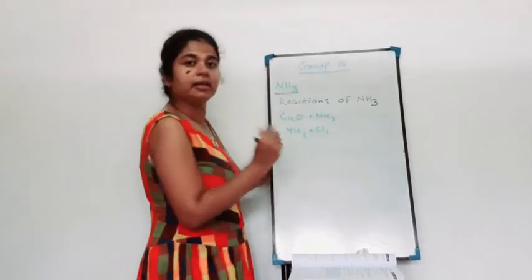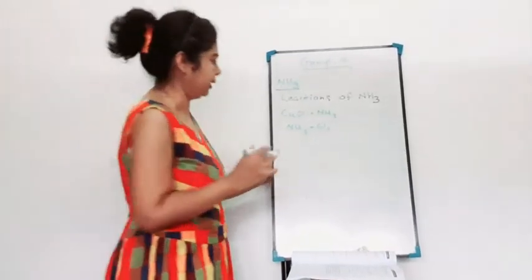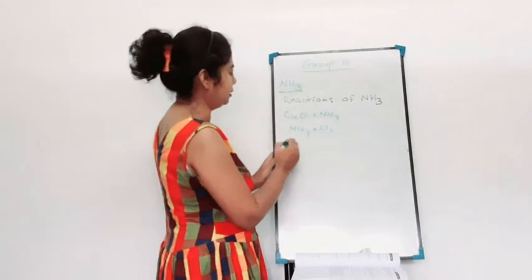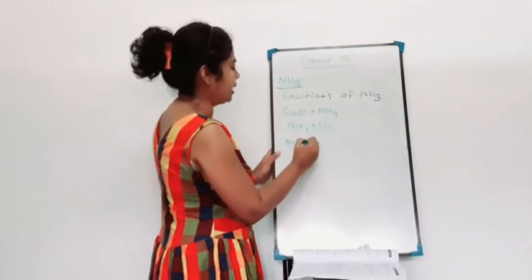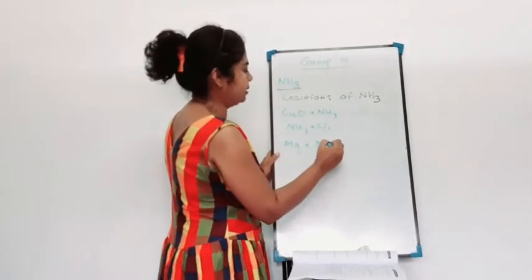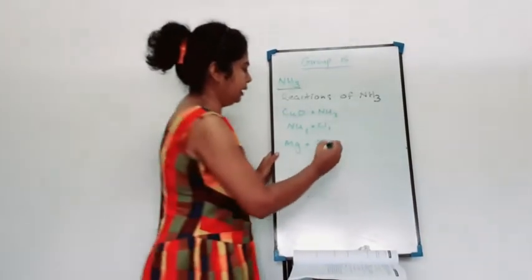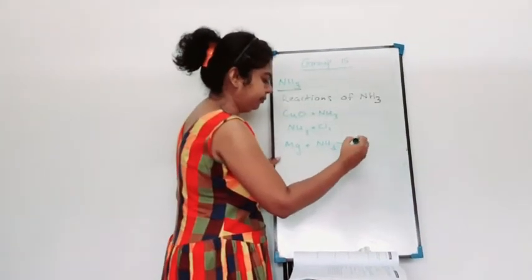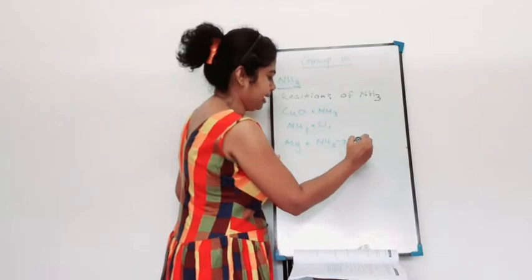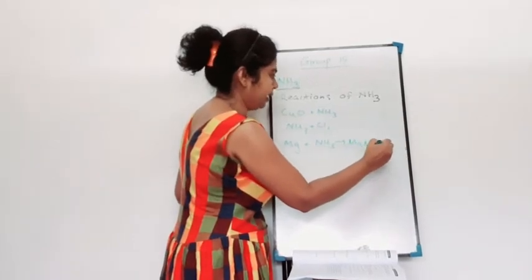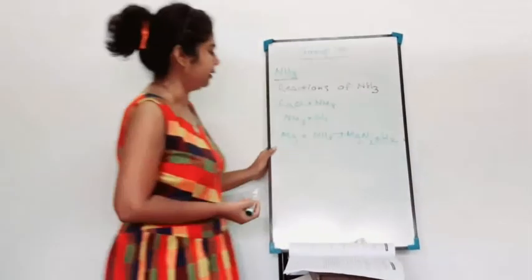Ammonia can act as an oxidizing agent too. Right? Oxidizing agent. What are the examples? If ammonia reacts with magnesium, it can produce magnesium nitride and hydrogen. Okay.